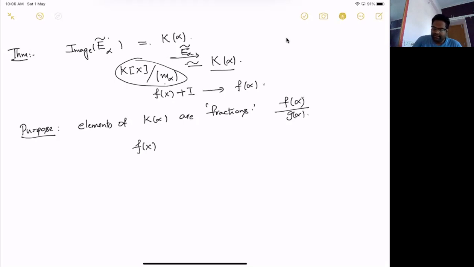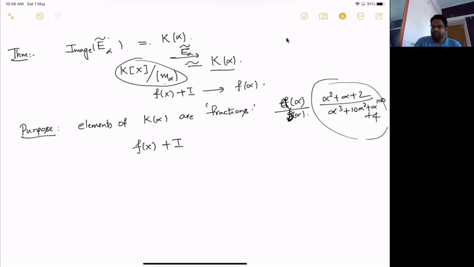So the elements on the left hand side are of the form f of x plus I. On the right hand side, you have, instead of f, you can say A of alpha or B of alpha, say alpha squared plus alpha plus 2, or alpha cubed plus 10 alpha squared plus alpha to the power of 100 plus 4. No matter how complicated it looks, it always arises from a polynomial modulo I using this map. So we have reduced, in a sense, we have understood the division of polynomials in terms of additions. That is the importance of this theorem.